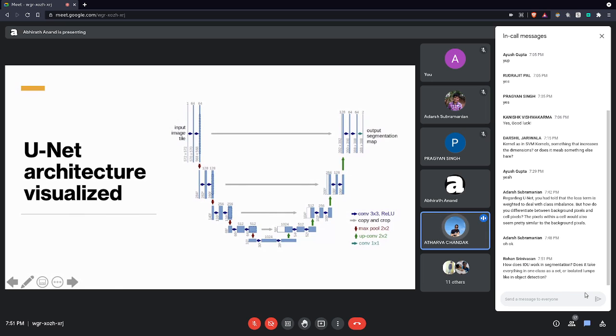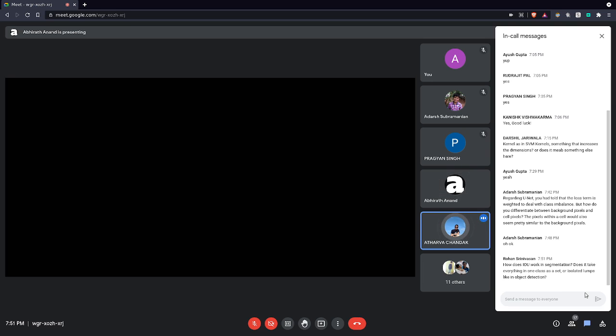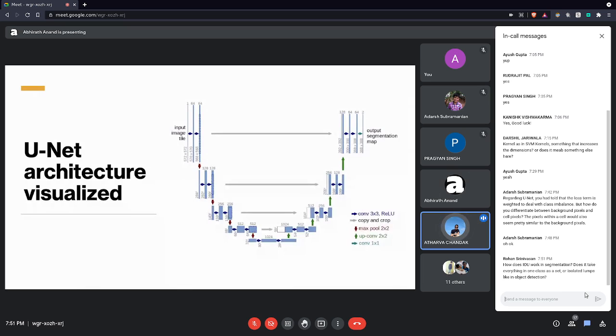So the output segmentation map size is actually smaller than the input image size, right? In the data set, the annotations, the corresponding maps which we have finally, how are they obtained? Because the map size is reduced from the input image size.